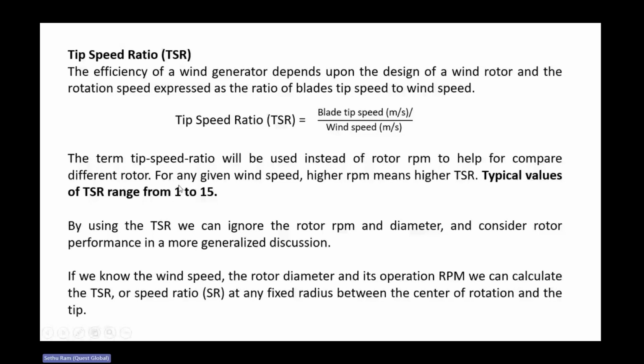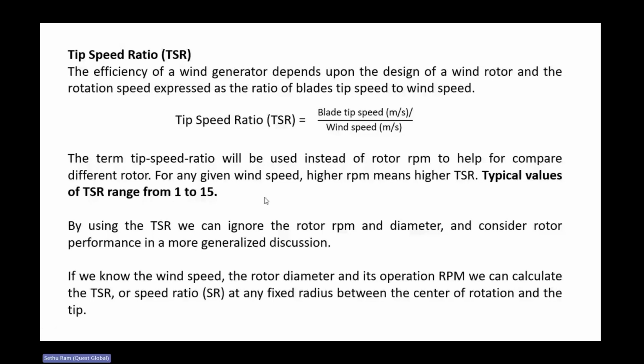By using the TSR, we can ignore the rotor RPM and diameter when considering rotor performance in a generalized discussion. So this ratio is very useful to generalize things, so there is not too much dependence when comparing two different rotors.